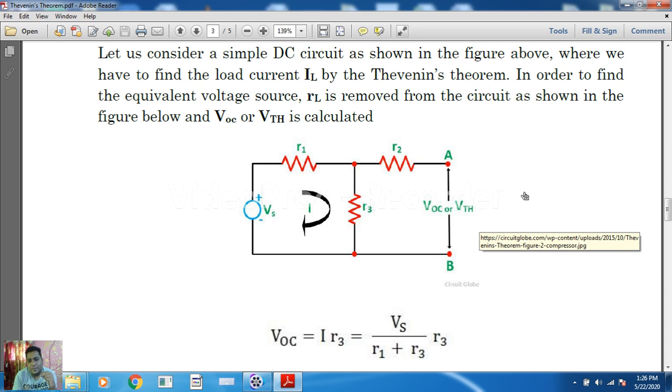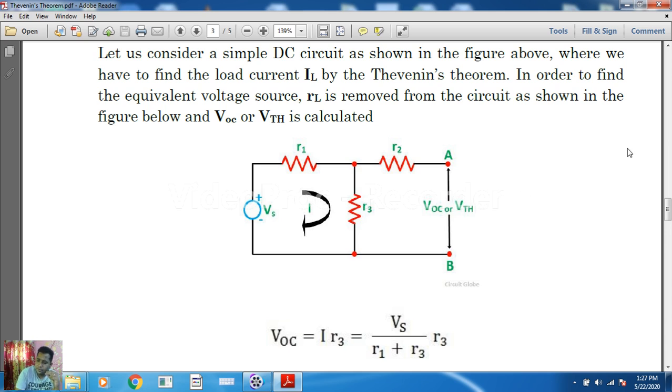So the points to remember: first, remove the load resistance. Number two, make that terminal open. And number three, find out the voltage value at that open terminal. These are the three things you have to do.